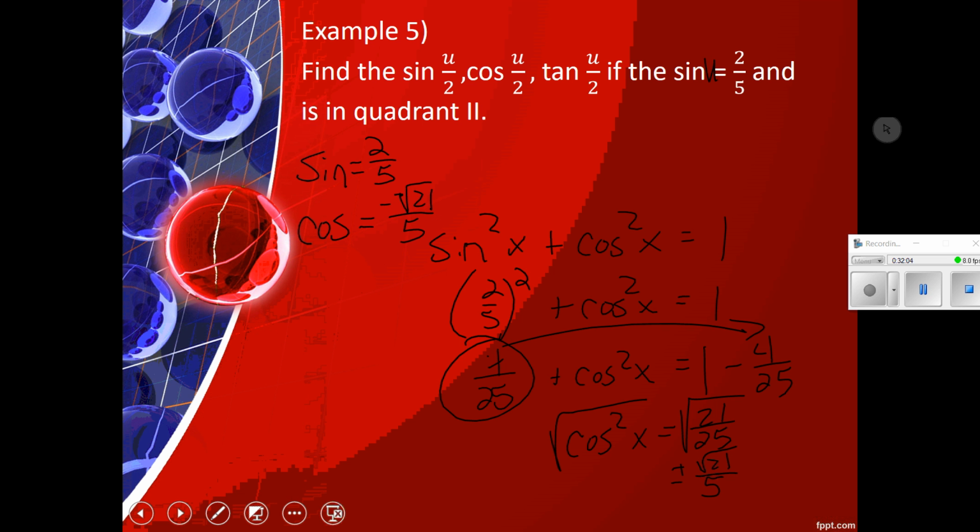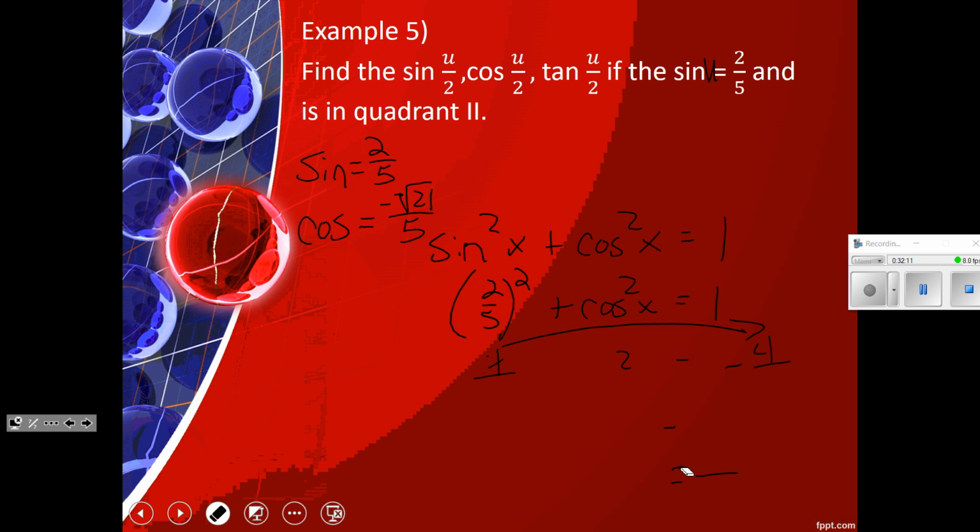All right, so now we're just going to go to our formulas and plug in. You have to be able to, if I give it to you like this, I'm telling you what u is. If I used your unit circle and asked what's the sine of 30 degrees, you'd use 1/2.